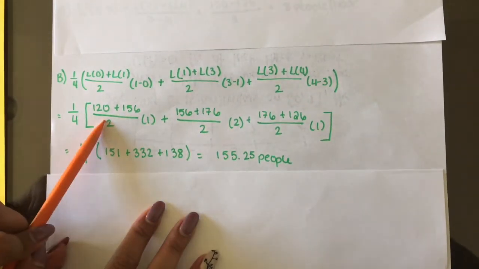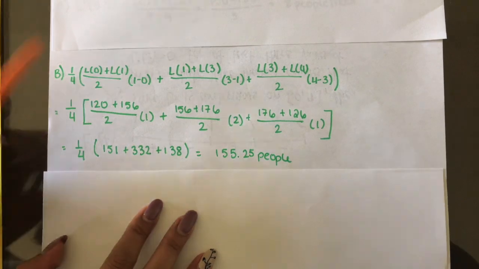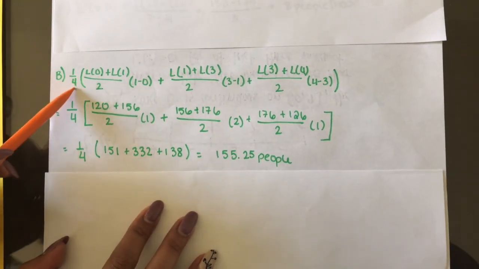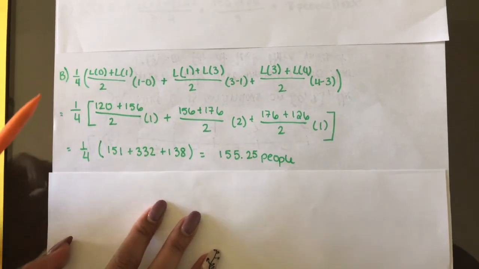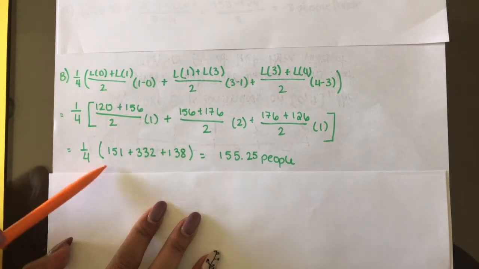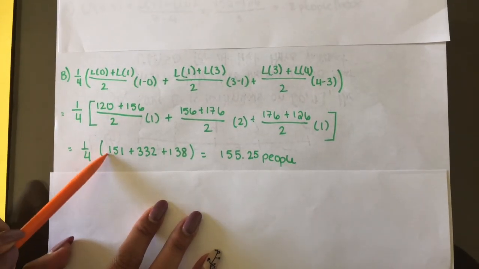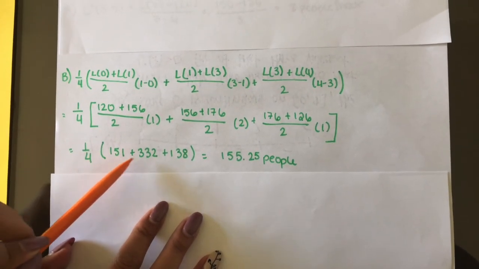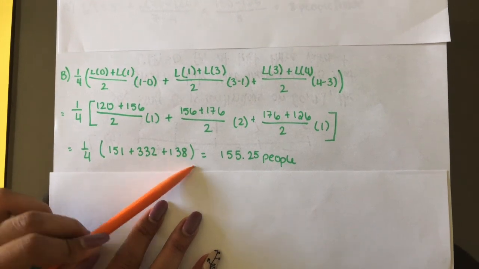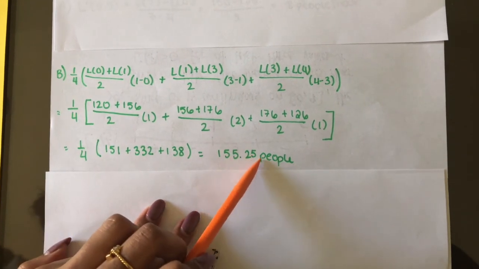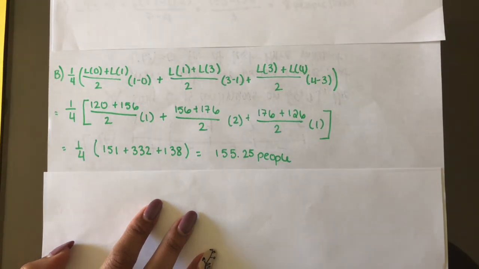And this is all within the first 4 hours, so this is why the denominator is 4. If you calculate that out, you get 1/4 times 151 plus 332 plus 138, which equals 155.25 people.